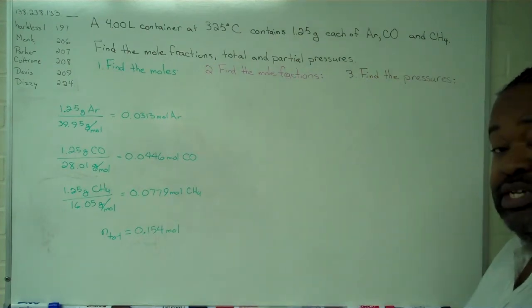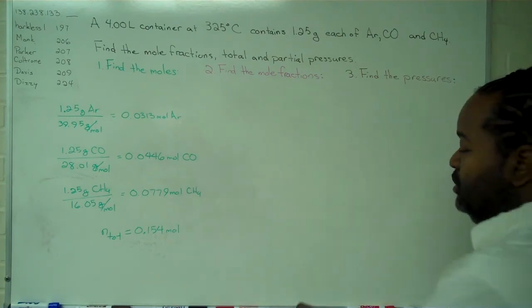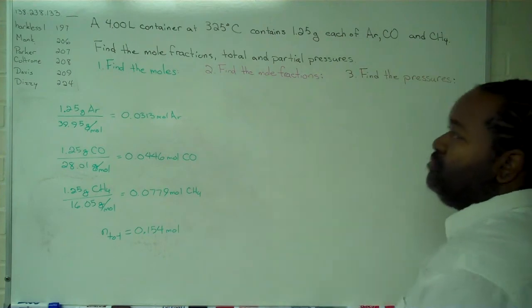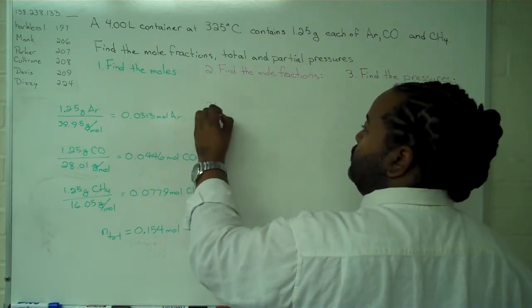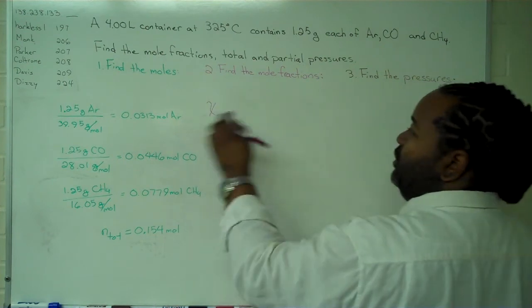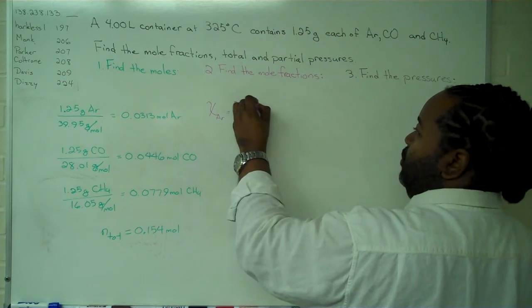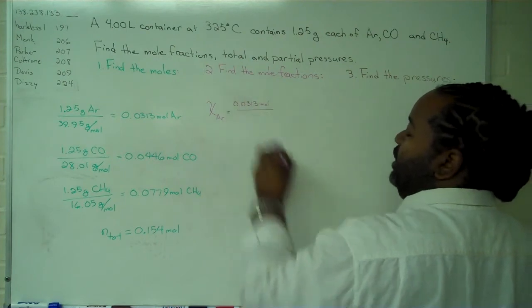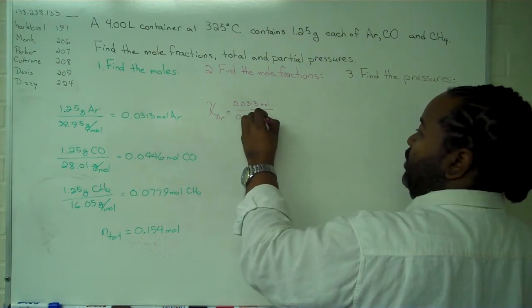This particular piece of information is important because we're going to need the individual moles and the total number of moles to do step 2, which is finding our mole fractions. So a mole fraction is the individual moles. For argon, that's 0.0313 divided by the total moles of gas we have in our mixture, 0.154.